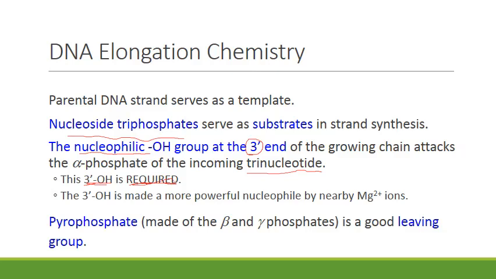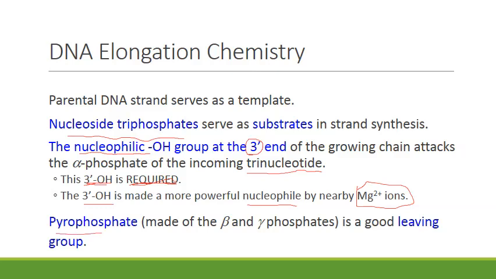If we don't have that 3' hydroxyl, DNA polymerase can't add the new nucleotide. That 3' hydroxyl is also made a more powerful nucleophile by the presence of magnesium ions, and I'll show you a nice picture of that in a second.